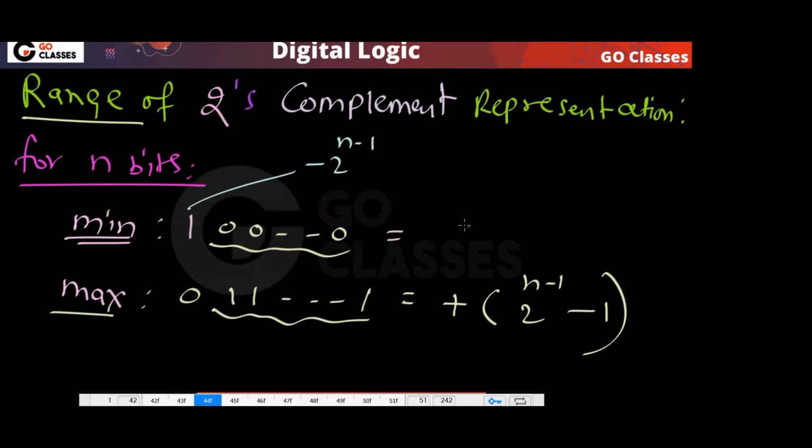So the minimum is minus 2 power n minus 1.